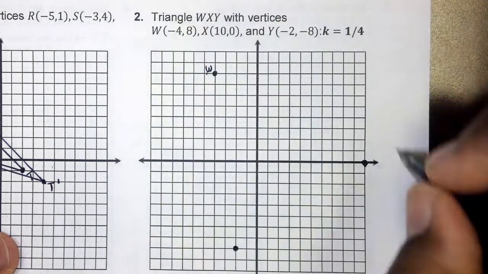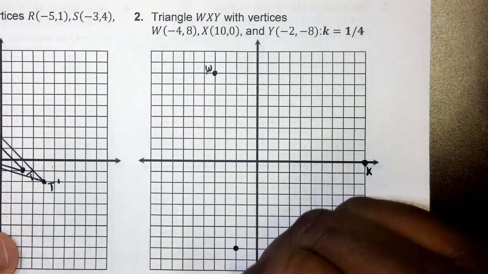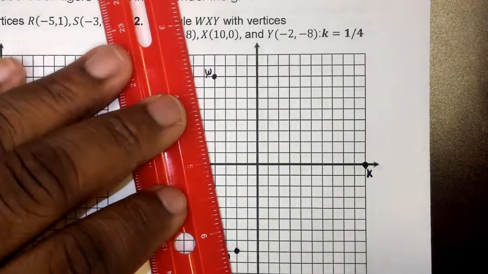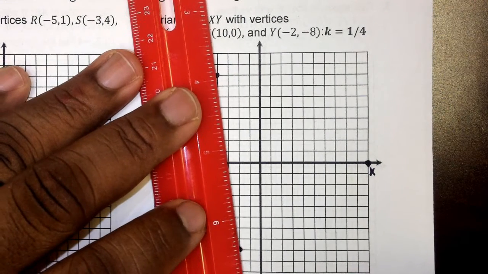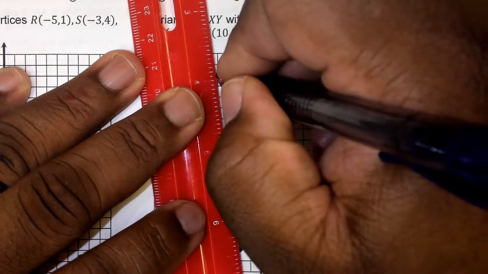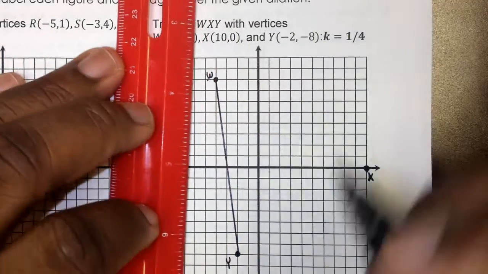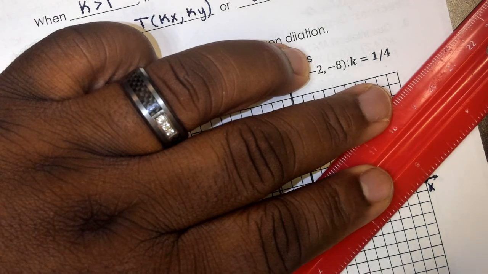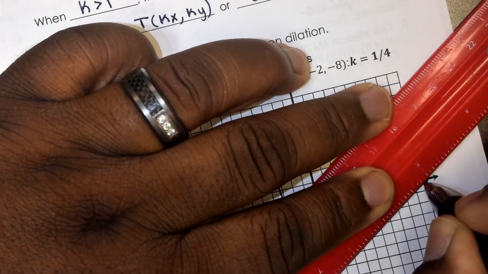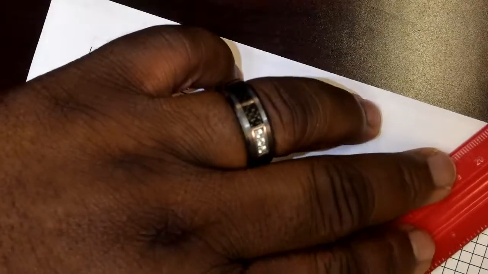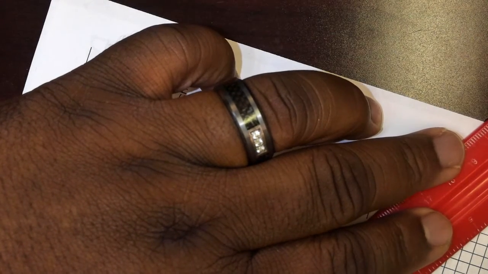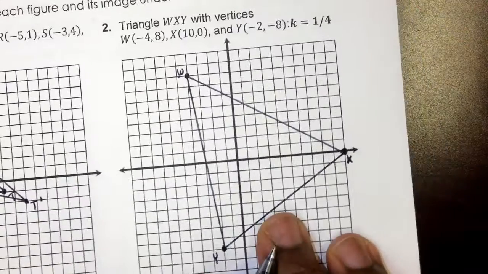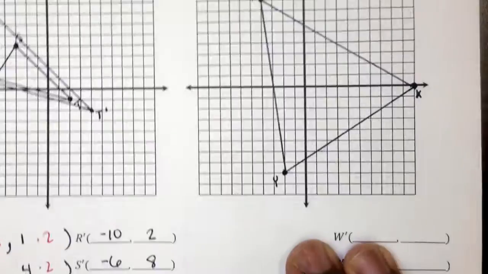So this was W, X, and Y. That should be our image.